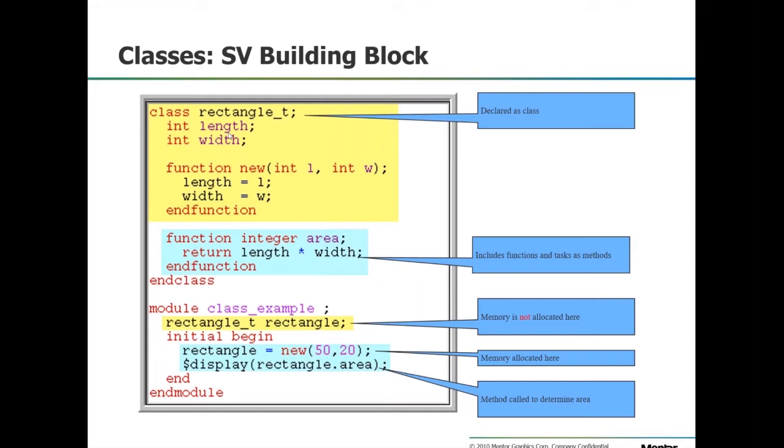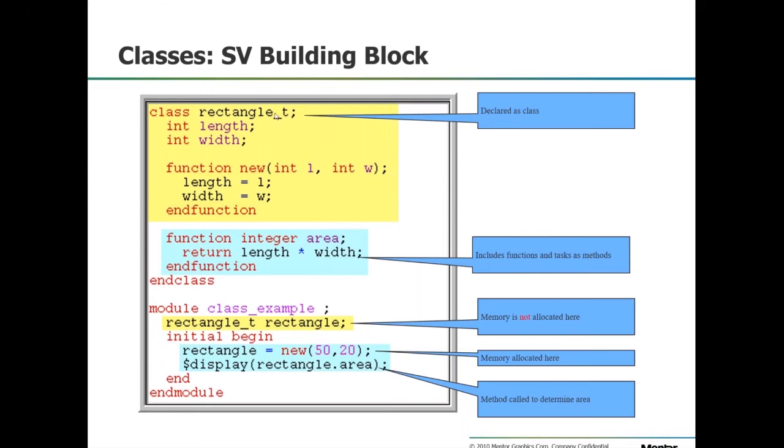But the difference between a record and a class is that not only does it have these data members, it also has the functions that I might be interested in operating on the data in this class with.